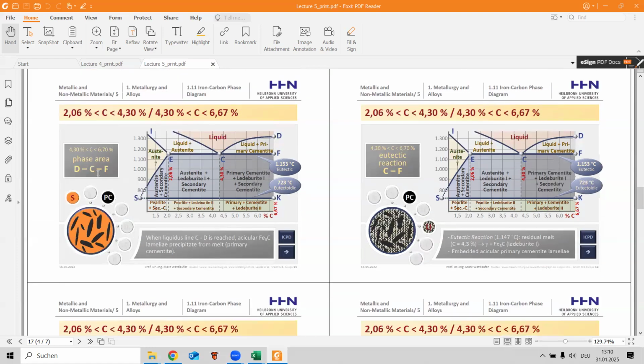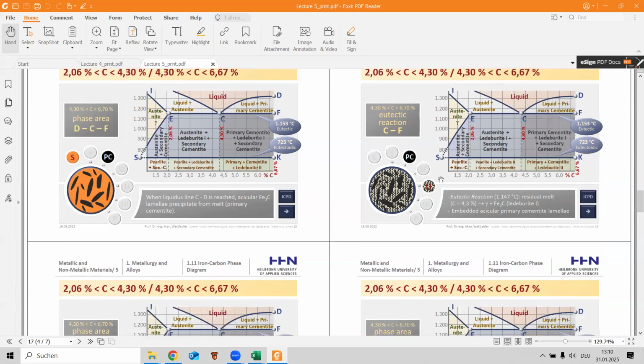The phase area next to DCF. When the liquidus line CD is reached, acicular carbon-rich crystals precipitate from the melt, so it's primary cementite. We have the eutectic reaction CF. So the melt at this concentration transforms to austenite plus ledeburite 1 embedded in the acicular primary cementite.